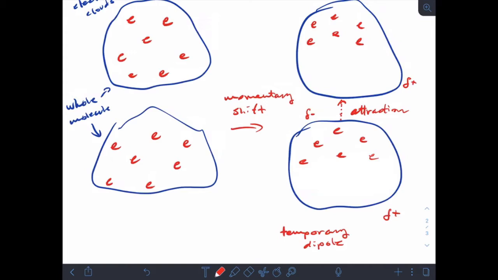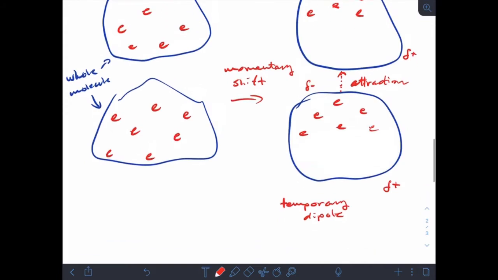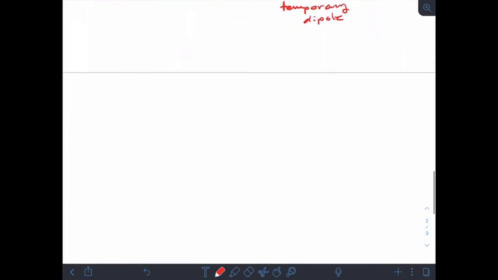And then in the next instant, the cloud shifts again and that attraction goes away. Okay? But this is why dispersion forces are the weakest of all the forces, because they are temporary. Okay? But every molecule can do dispersion forces because all you need is an electron cloud to make it happen. Right? So there are things that affect the strength of dispersion forces.